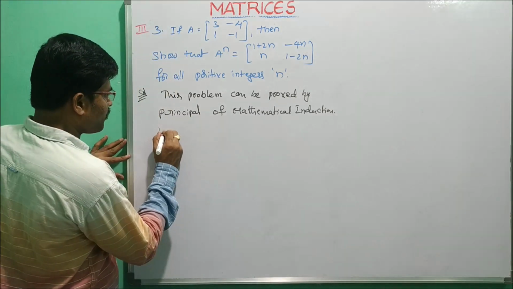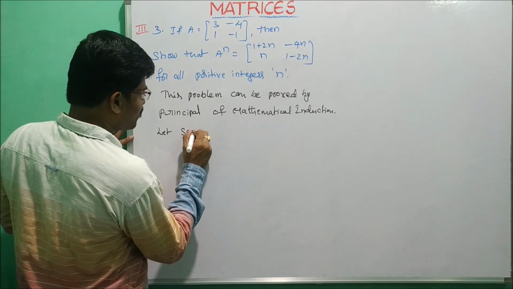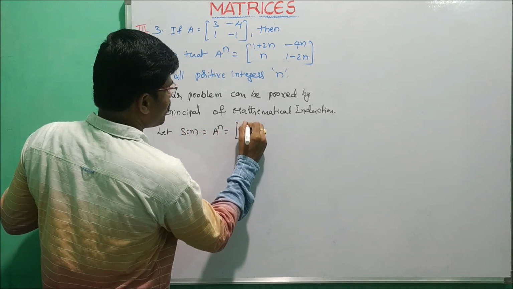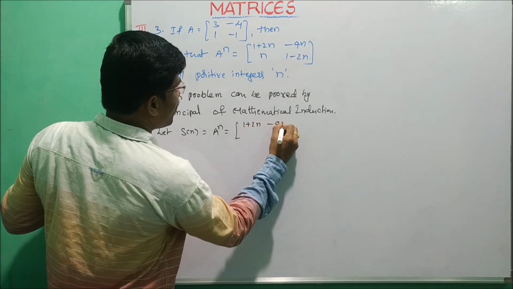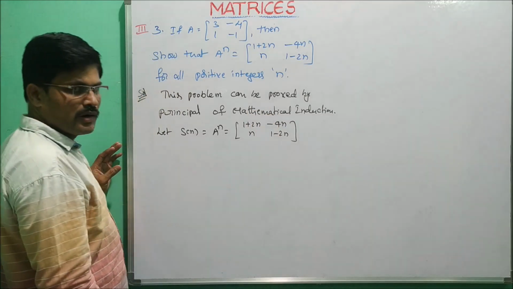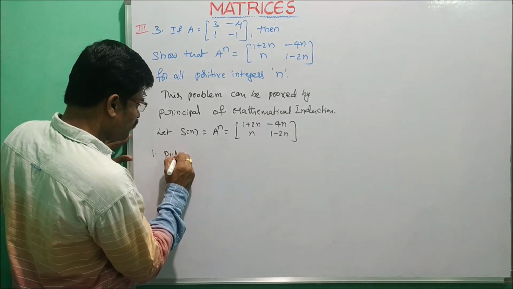First of all, let us assume that the given statement is S of n. Let S of n equal A power n, that equals the matrix 1 plus 2n, minus 4n, n, 1 minus 2n. Now here the first point is put n equals 1.